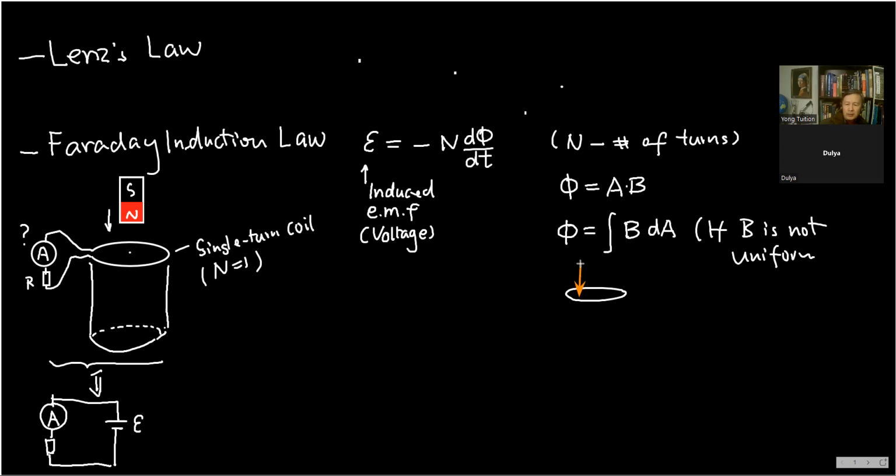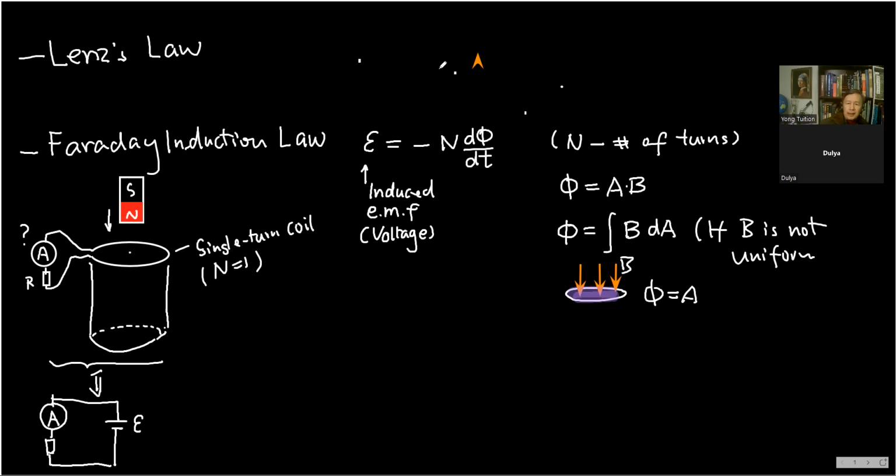If the magnetic field is constant, uniform, and this is A, then in this case phi will simply equal B multiplied by this area. So that's Faraday's law, right?